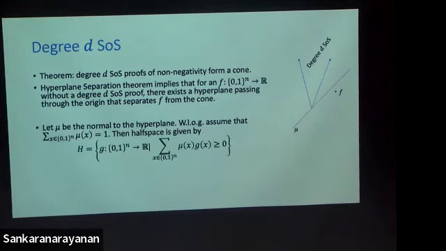The half space above this red line is given by the set of all points g such that the summation over x of mu x gx is greater than or equal to 0. This is the half space H which contains all the degree d SOS proofs, and F is on the other side of the hyperplane. So what this implies is that the summation over x of mu x fx is strictly less than 0. That makes sense.